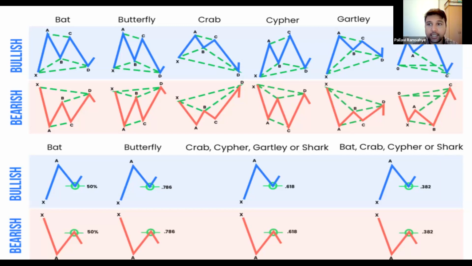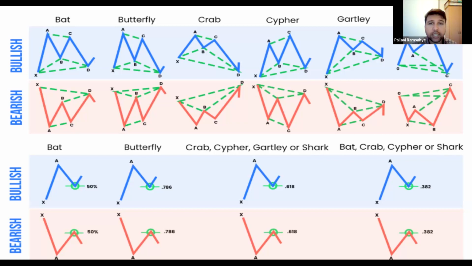I'm glad that the slide did not change. Actually, I'm going to throw out a question. When we're looking for our pattern, what is the first move we're looking for? What are the first characteristics that we're looking for before placing our Fibonacci tool? The first movement, can anybody throw that out there in the chat?